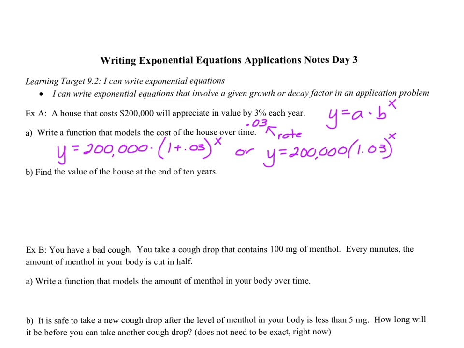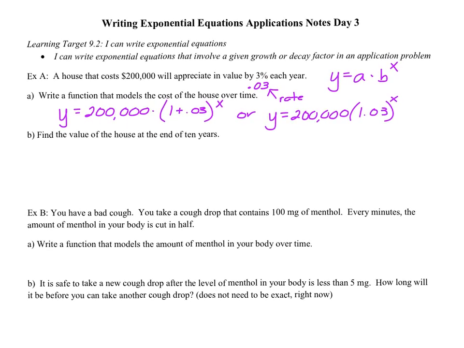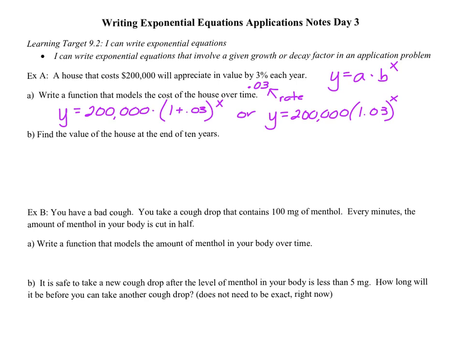Then we want to find the value of the house at the end of 10 years. Well, our exponent is our time. So we're going to do our 200,000 times 1.03 to the 10th power.